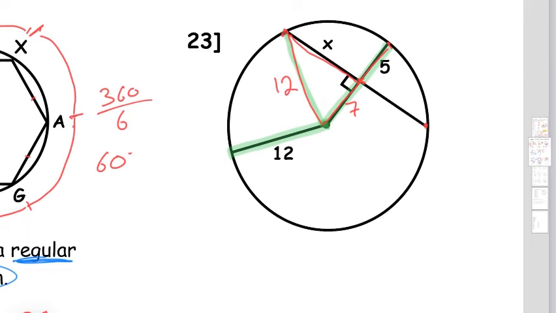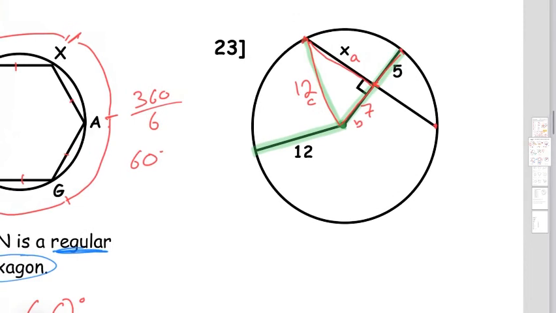And once again, what we call A and B does not matter. What does matter is what we label C. And we're going to use Pythagorean theorem to figure out what we need. So here we're looking for A. So A is going to be the square root of 12 squared minus 7 squared. So put that in the calculator and we get an answer of 9.75.